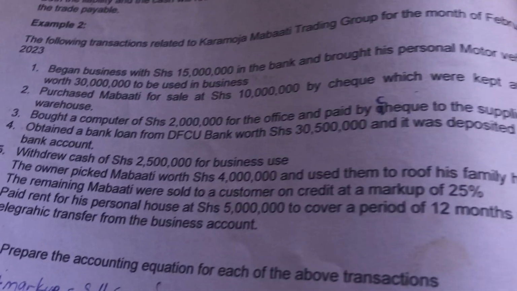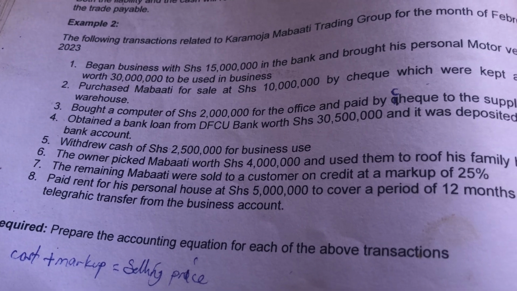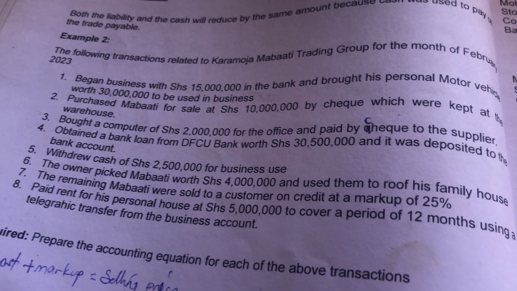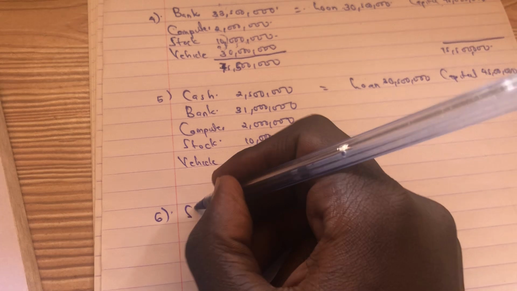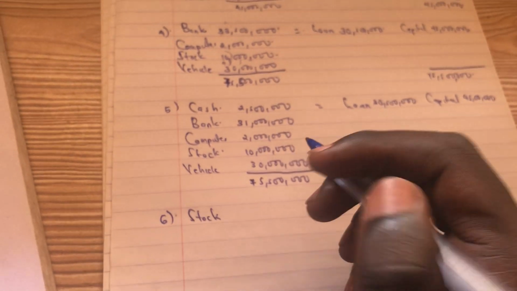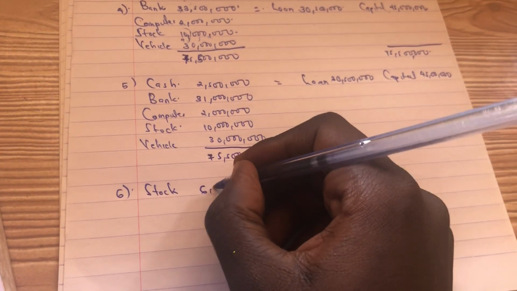So we go to 6. 6, they are telling us the owner picked mabati worth 4 million and used them to roof his family house. Are we together? So when he gets mabati, remember mabati is our stock. That means our stock is reducing because you withdrew mabati worth 4 million. So when you subtract 4 million, we actually remain with 6 million.